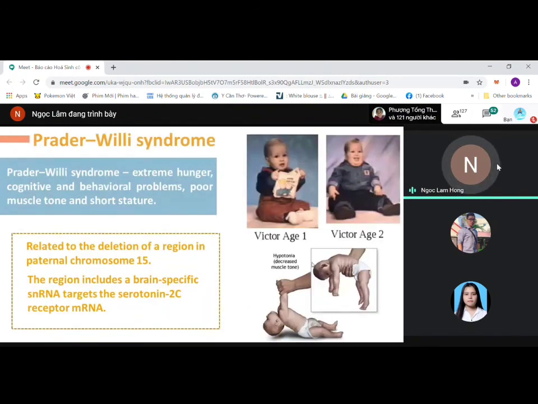The last one is Prader-Willi syndrome. Prader-Willi syndrome makes the patient feel extreme hunger, confusion, and behavior problems related to our presentations.